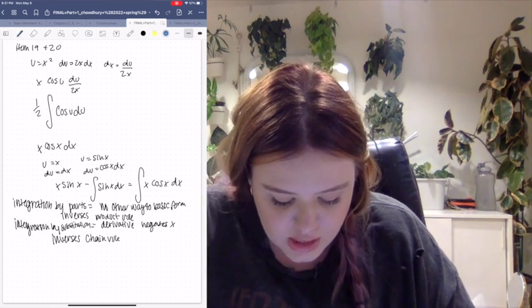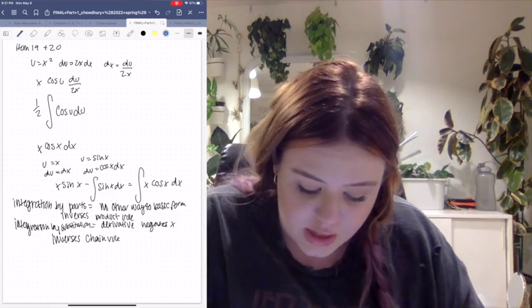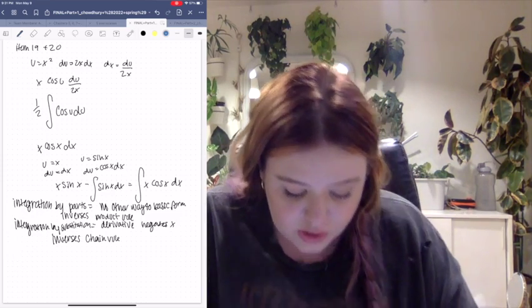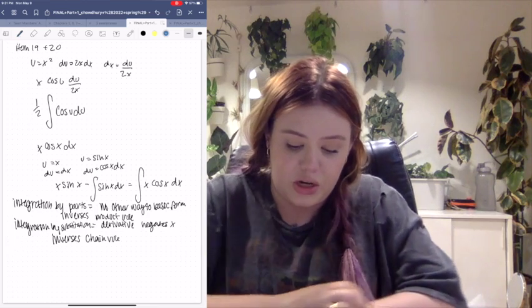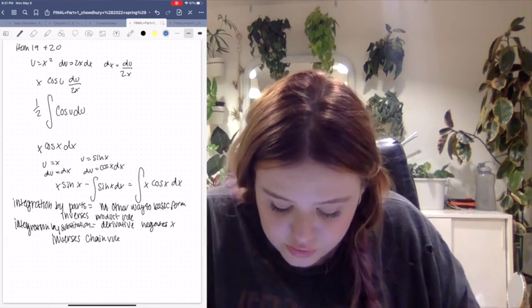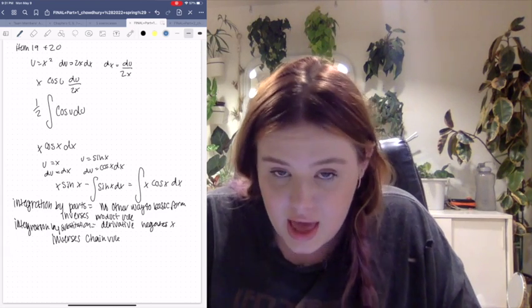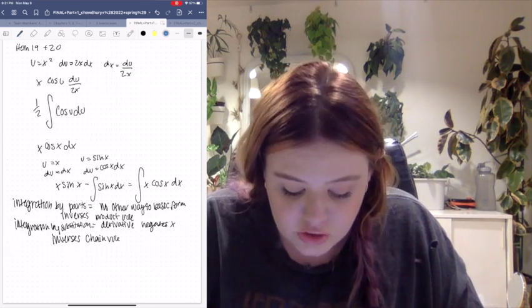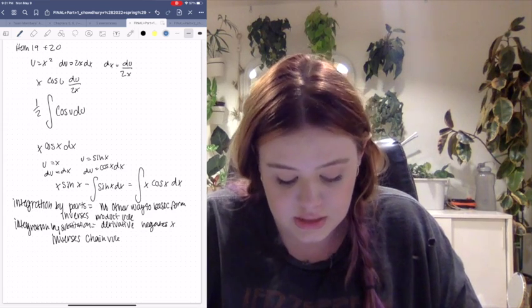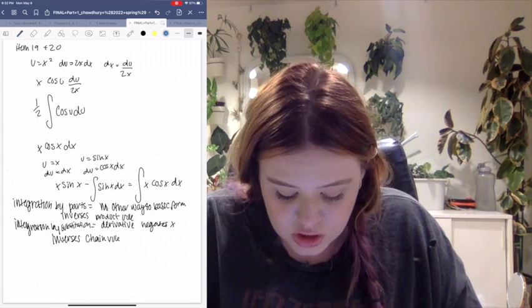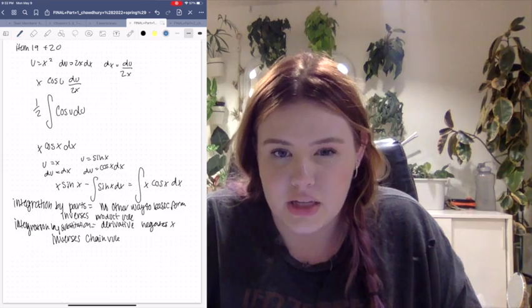So du equals dx, dv equals cosine x dx. So we can go ahead and put it into parts: the integral of x cosine x dx equals x sine x minus the integral of sine x dx. And that works because you're just inversing the product rule, basically.